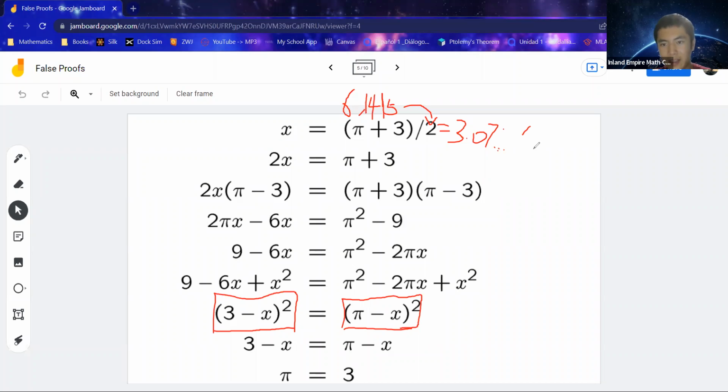And it is definitely less than pi because pi itself is 3.14, right? So you can compare these decimals and you see that x is less than pi. So if x is less than pi, that means pi minus x is a positive number, right? Does that make sense to everyone? Are we all on the same page?